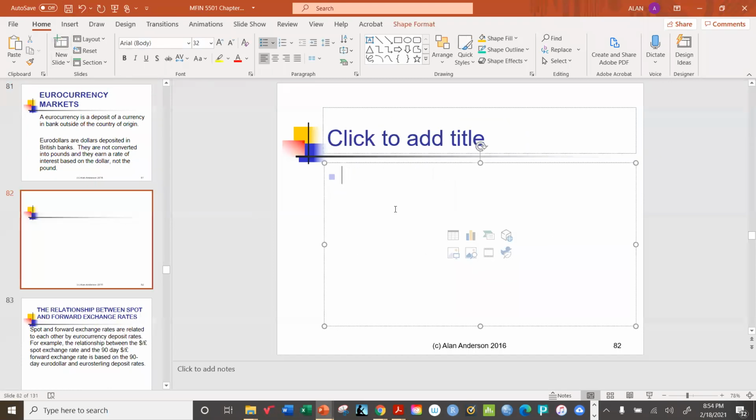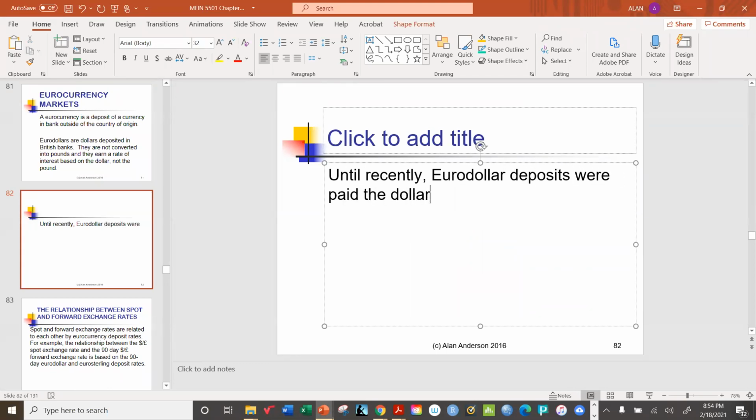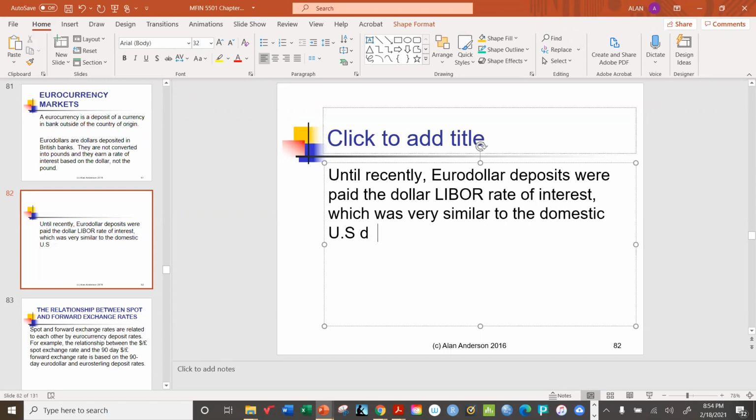So previously, or until recently, I guess we'll say, Eurodollar deposits were paid the dollar LIBOR rate of interest, which was very similar to the domestic US dollar rate of interest for deposits of the same maturity.